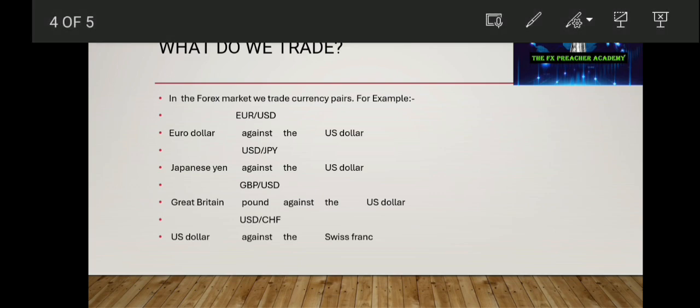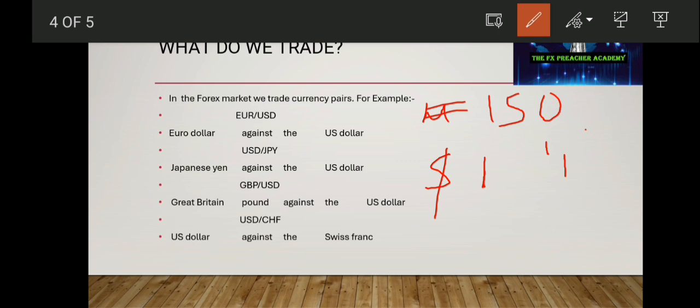Back 10 years ago, $1 was equal to 150 naira. But now, the naira is 1,400 and something.